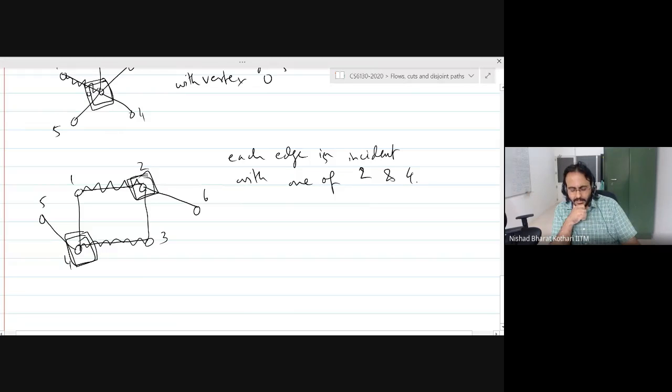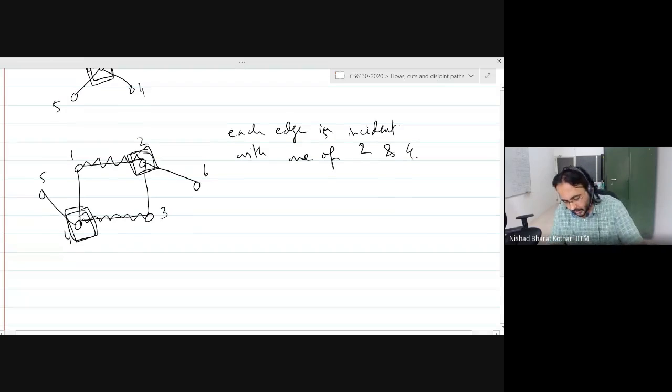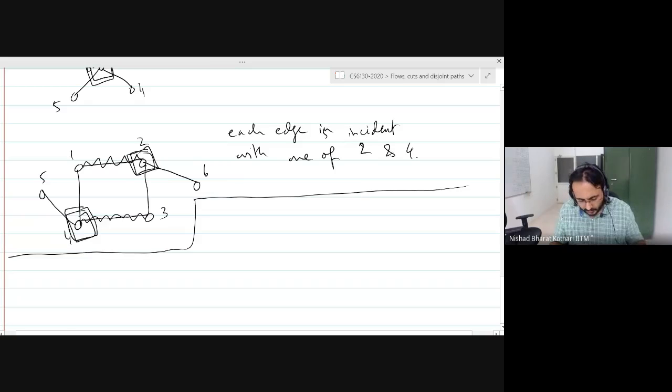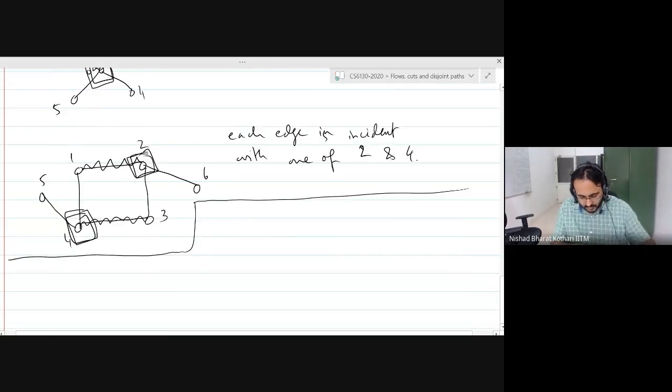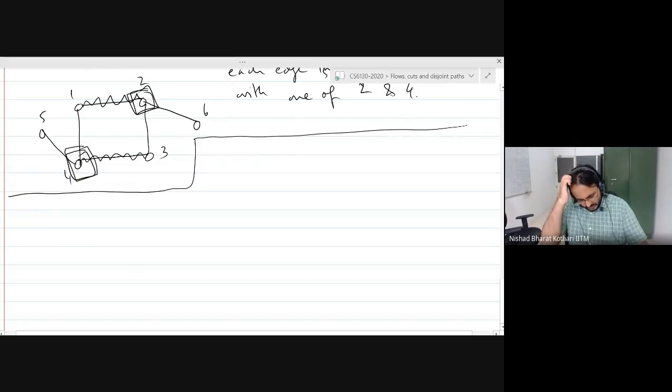And if we can find such a set, then it seems, you should prove it yourself, that you cannot find a matching that is bigger than the size of such a set. Okay, so that brings us to a definition. Let's use vertex cover, the standard term.